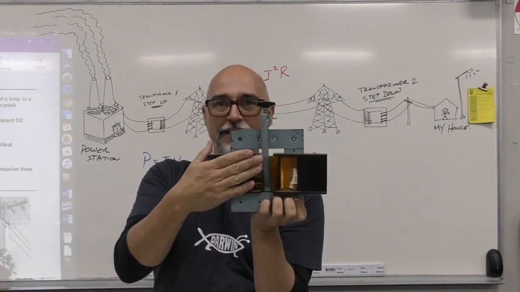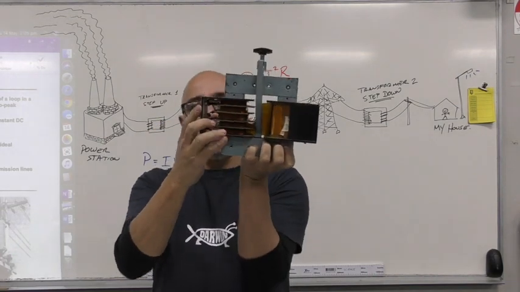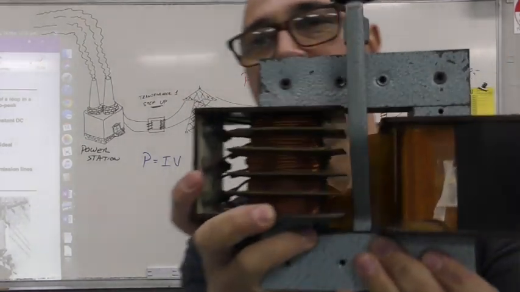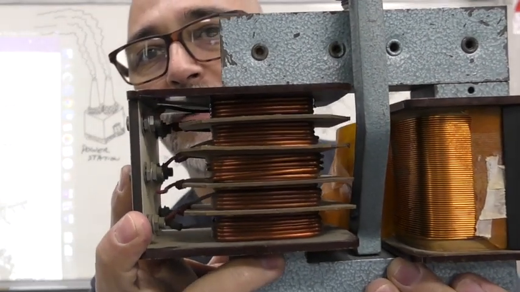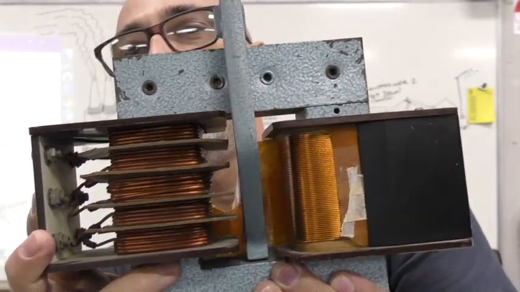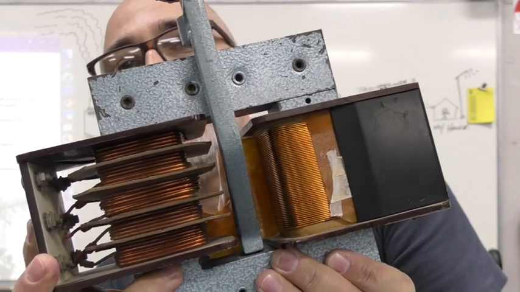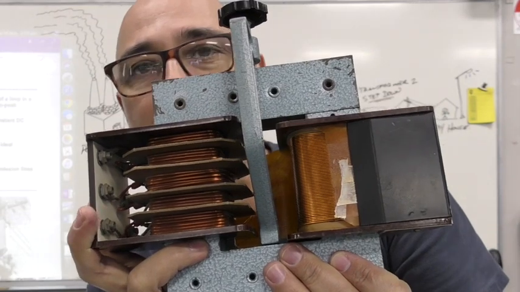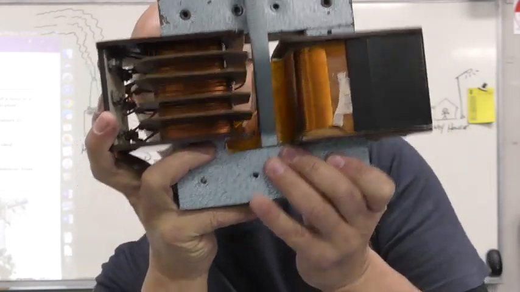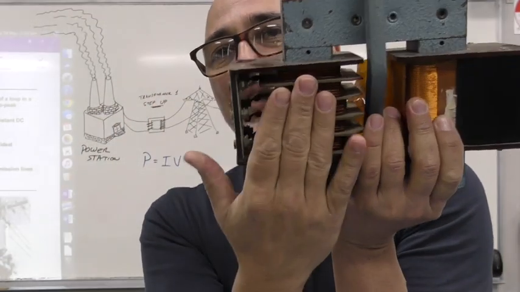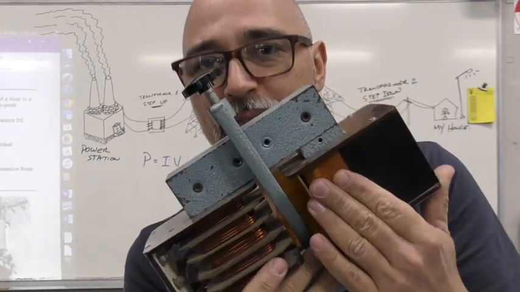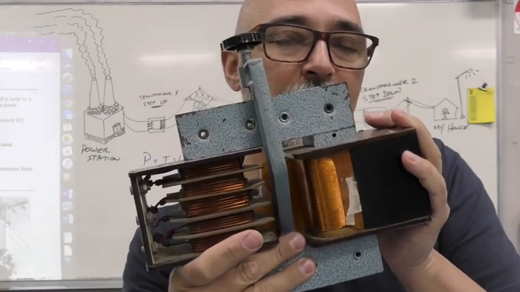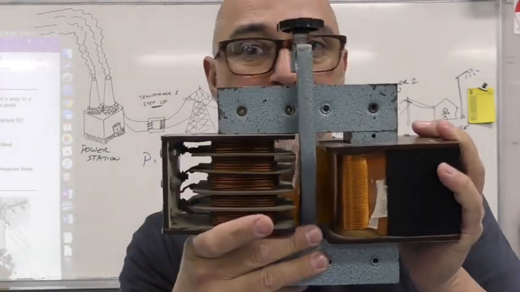Now, wrapped around one side, you'll see lots and lots of loops of very thick wire. Here's a close-up. On the other side, it's thin wire, but there are almost infinitely more coils. So that's basically how it works. If you have few coils on one side and many, many coils on the other side, this is the apparatus that we use to step voltage up and hence current down.